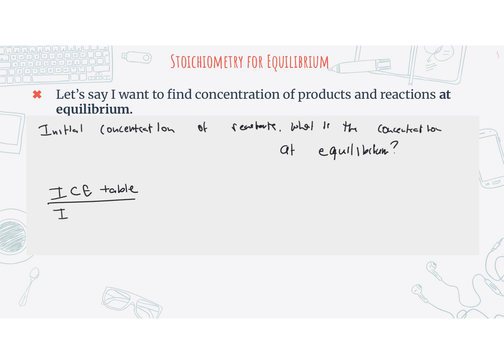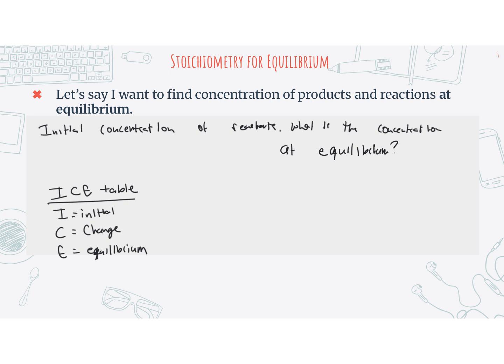ICE basically stands for I is initial, where you plug in the initial concentrations you're given. C stands for change. Sometimes you're given that a concentration may change by a particular molarity, or you can estimate this doing a little bit of algebra. And then E is equilibrium, which is basically the concentration or the pressure when you reach equilibrium.